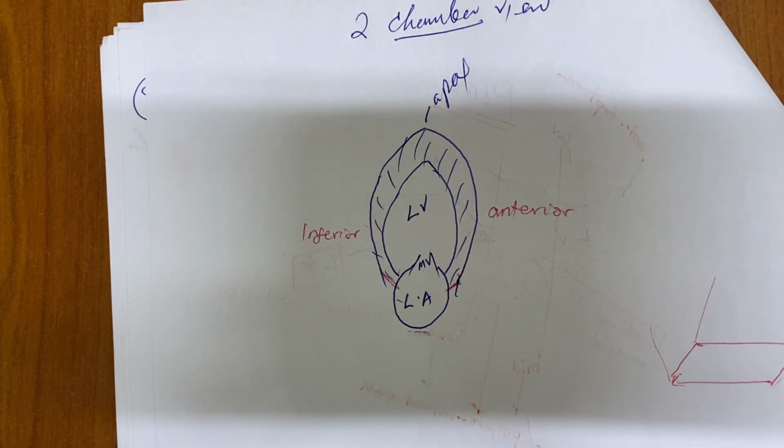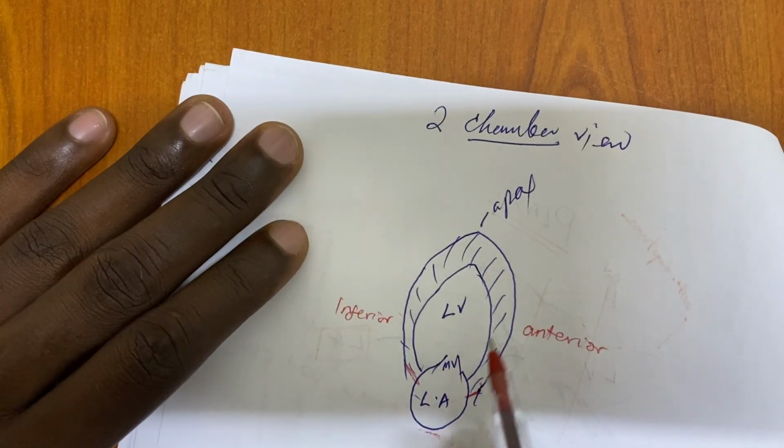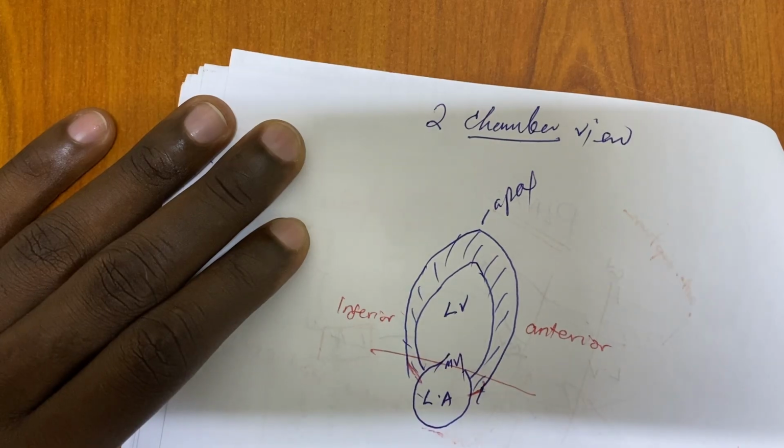The heart is like this, it is 3D. So if the probe marker is here and the beam is being sent like this, deep inside, this is anterior, this is inferior or posterior. The probe marker, the beam penetrates and goes down. So this is anterior. Again, what level is that?